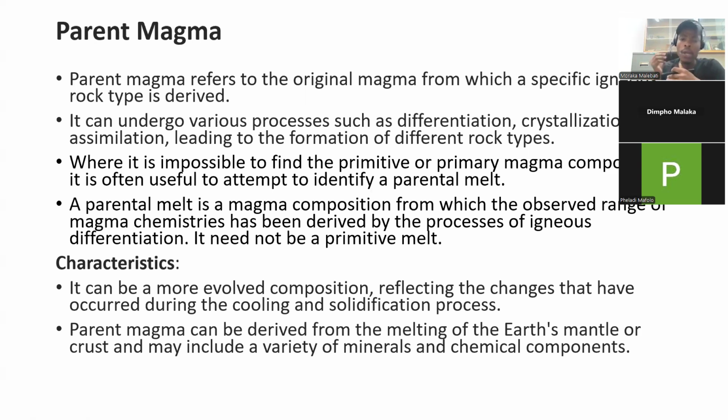Where it is possible to find the primitive or primary magma composition, it is useful to attempt to identify a parental magma. A parental melt is a magma composition from which the observed range of magma chemistries has been derived by the process of igneous differentiation. So it need not be a primitive melt. Okay, so that is a parental magma.